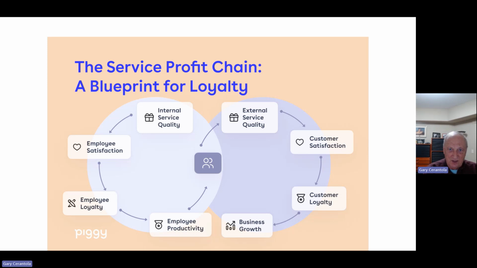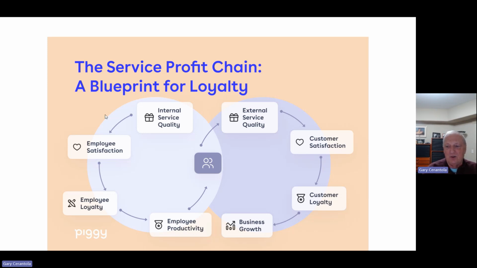And what does that result in? It results in employees feeling more fulfilled, more satisfied. And if they're more fulfilled and more satisfied, and they feel like they're a part of the shared vision, they become loyal employees, and they've got the organization's back, and that results in improved employee productivity.